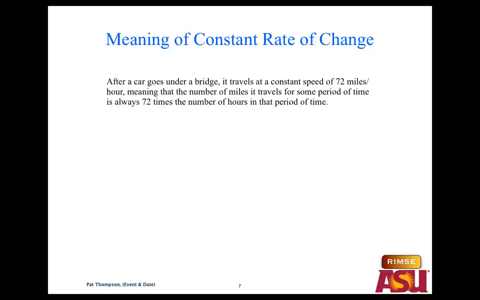Okay, so this is like your homework problem. A car goes under a bridge, traveling at a constant speed of 72 miles per hour, meaning that the number of miles it travels for some period of time is always 72 times the number of hours for that period of time. What's delta y? What's delta x? What's k? Go.